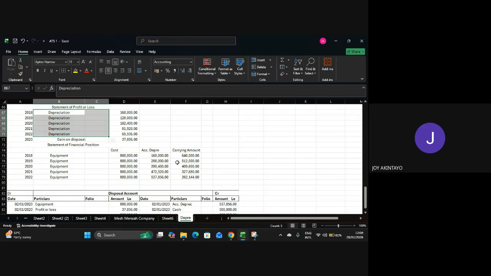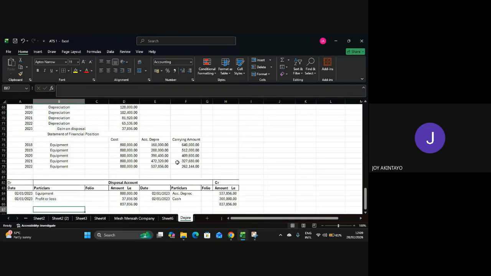Now let's quickly look at a situation whereby we sold it for 200,000 naira. What will be the difference?